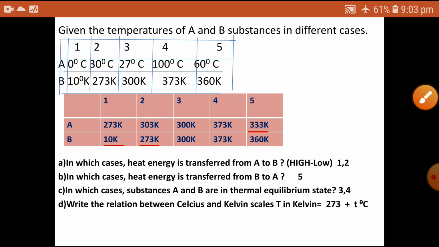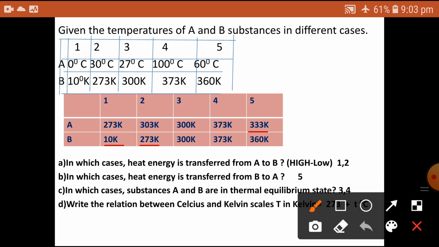If you see the second question, in which cases is the heat energy transferred from B to A, that means B must be at a higher temperature and A must be at lower temperature when compared to B. Here, we already discussed, only in one case B is at higher temperature when compared to A. So the answer is 5.